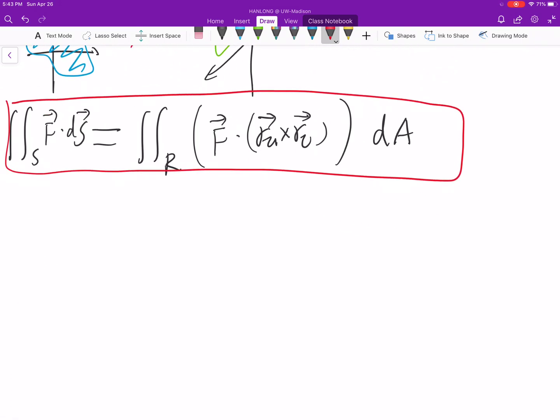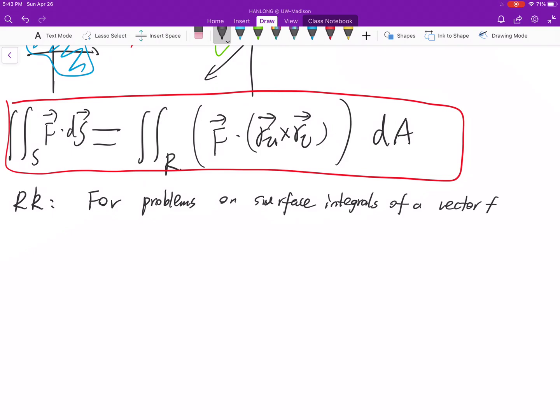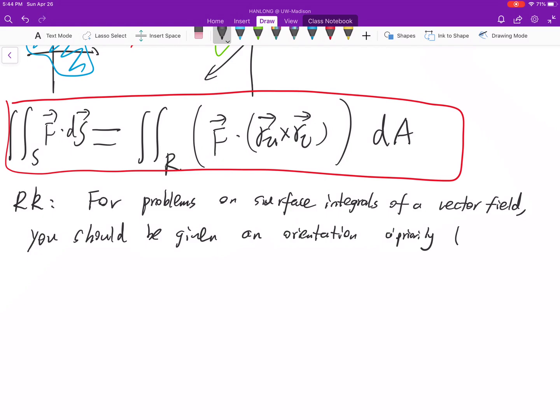Okay, and before we give an example, I would like to make a remark. For problems on surface integrals of a vector field, you should be given an orientation a priori, either directly or implicitly.